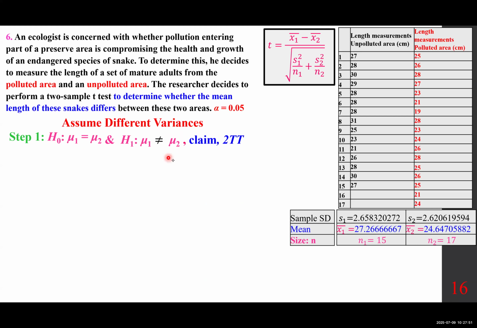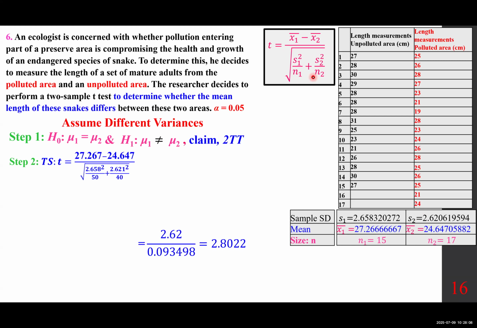H1, one of the three: less than, greater than, not equal to. So t is, of course, X1 bar minus X2 bar over the square root of S1 squared over N1 plus S2 squared over N2, under the radical. You just plug all of this in, and you get 2.8022. The next one, traditional method, we use the critical value with the choice of alpha of 0.05 and degrees of freedom.